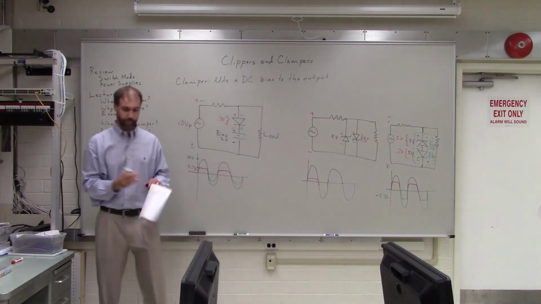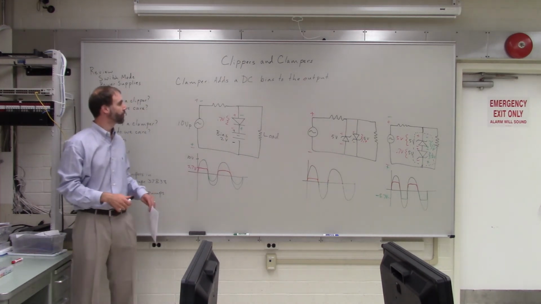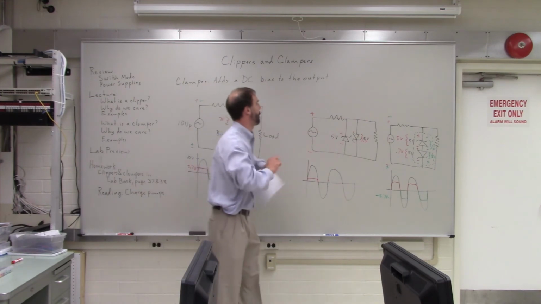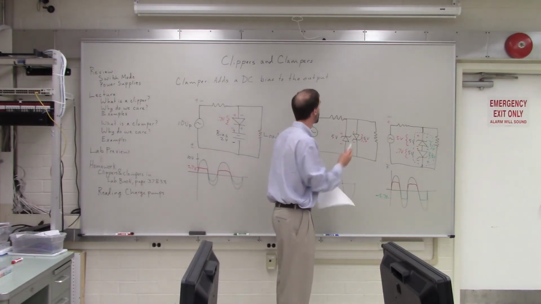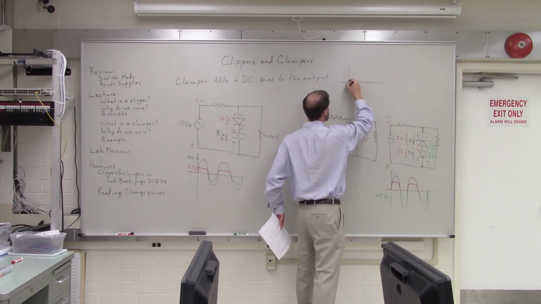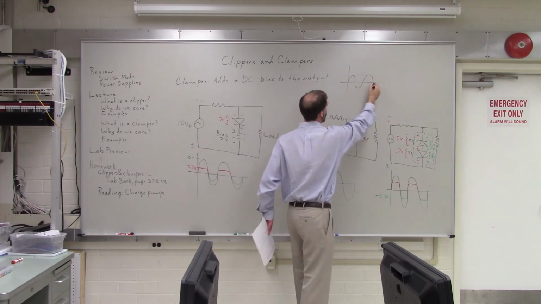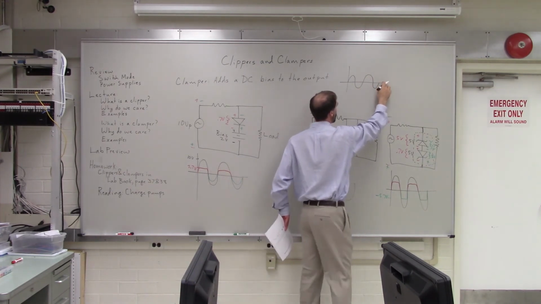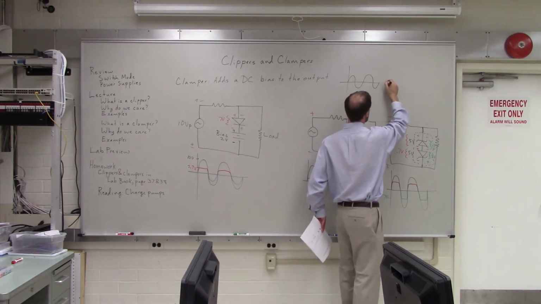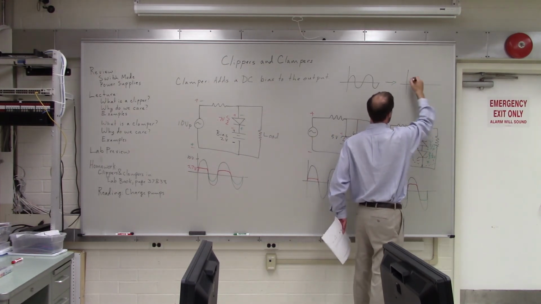So basically, if you have a sine wave that's coming in, and it looks like this, and it's centered around 0 volts, then the clamper circuit takes the output and modifies it, and it shifts it up or down.